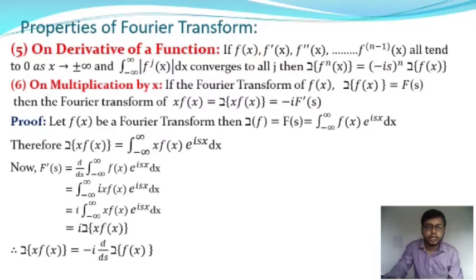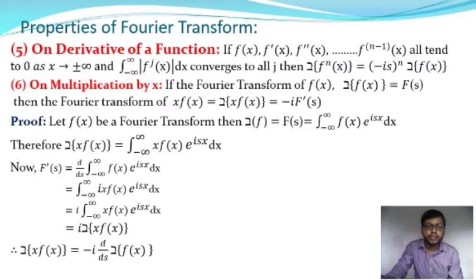Here we apply the fifth rule of the Fourier transformation, on the derivative. Therefore we get i times the integral from minus infinity to plus infinity of x f(x) e^(isx) dx, and you know this is the Fourier transformation of the function x f(x). So i times the Fourier transformation of x f(x) is the derivative.